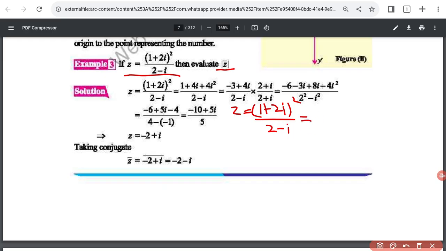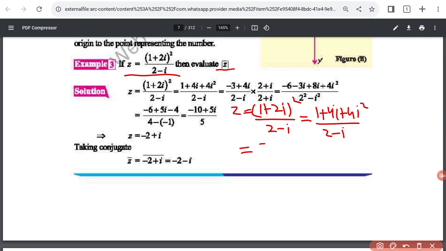It is equal to 1, because it is a square, so we multiply with itself 2 times, so it will become 1 plus 4 iota plus 4 iota square over 2 minus iota. Then after this we multiply by the conjugate of 2 minus iota.